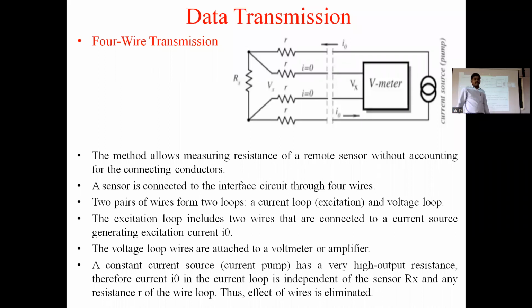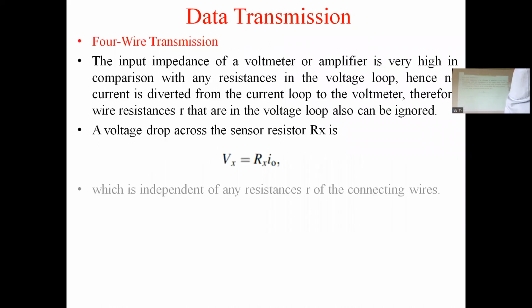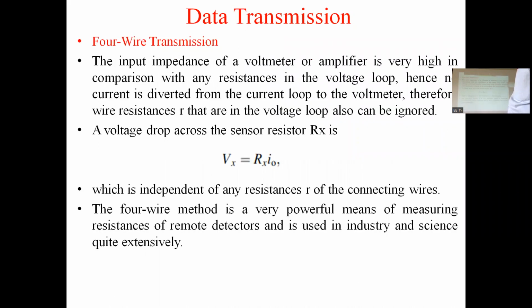So the voltage obtained across the Rx resistor is equal to Rx into I0, and this voltage is independent of any resistance R which is connected in the wire. कारण करंट कोणत्याही रेजिस्टन्स वर डिपेंडंट नाही, the voltage is also not dependent on any resistance, right?